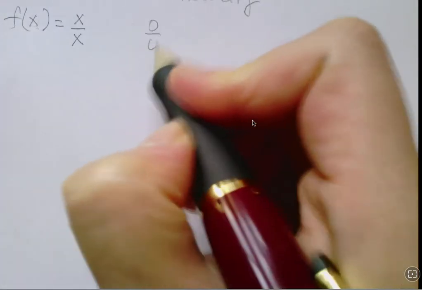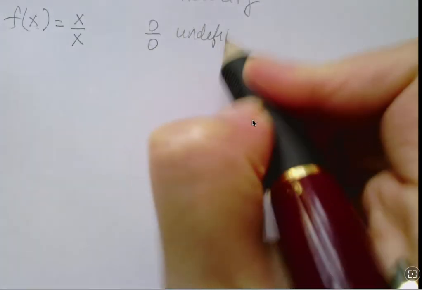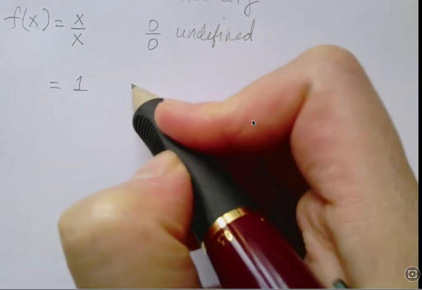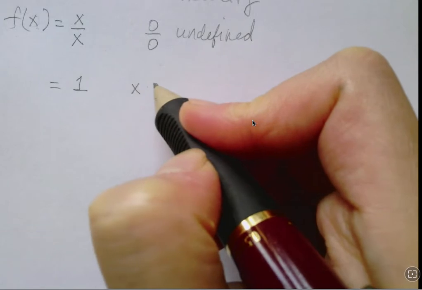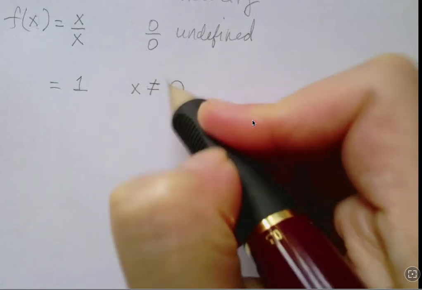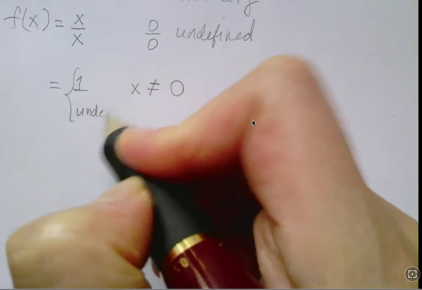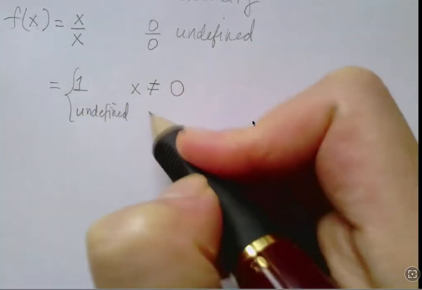So 0 over 0 is undefined. So this function equals 1 when x is not equal to 0, and it equals undefined when x equals 0.